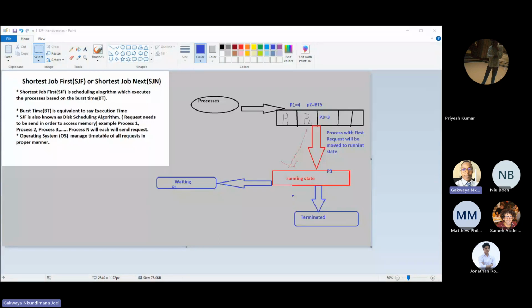Oh, this one, writing is not good. Okay, so I'm gonna give you one process there.